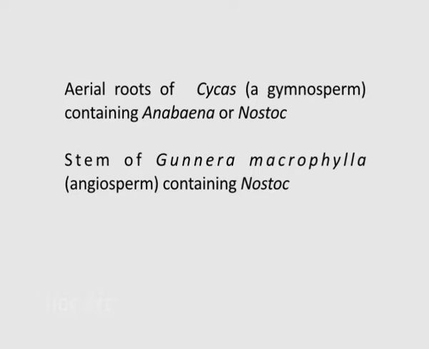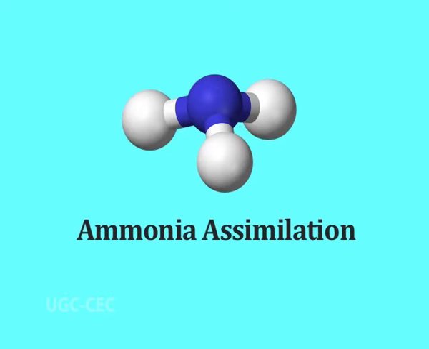angiosperm containing Nostoc. Let us now learn about ammonia assimilation. The ammonia produced during biological nitrogen fixation by nitrogenase in the nitrogen fixers is immediately protonated at the physiological pH to form ammonium ion.